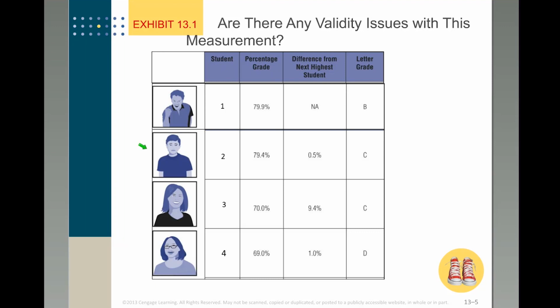The winner and the, I wouldn't call it the loser, but the unfortunate person, right? Only 5% difference. And look at the letter grade. When we convert to letter grade, that's a big difference. In particular, if we're talking about calculating GPA, right? That will make a big difference.